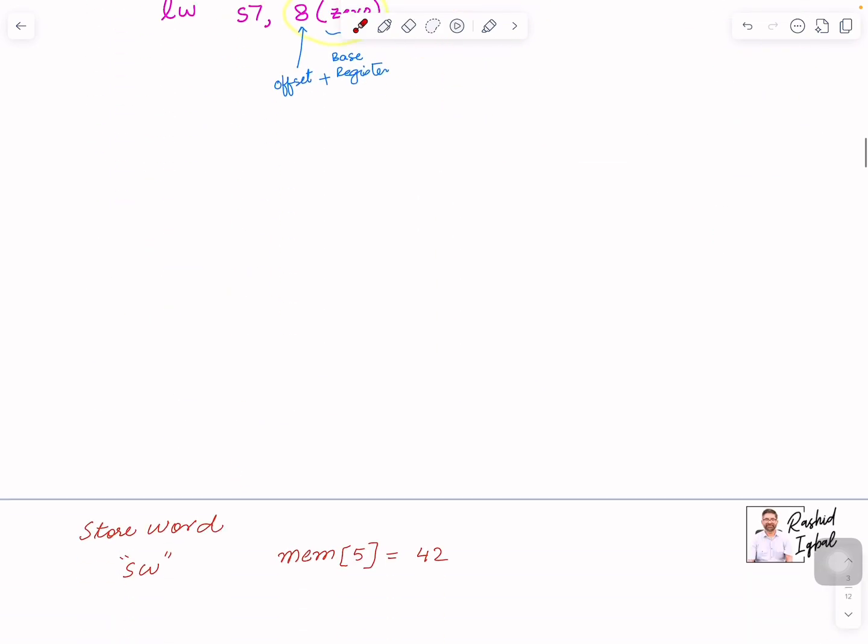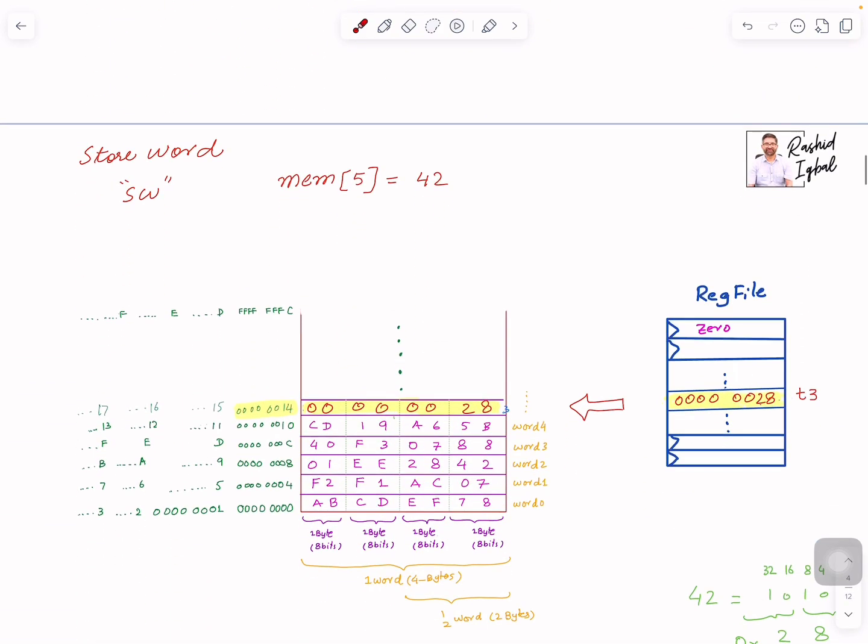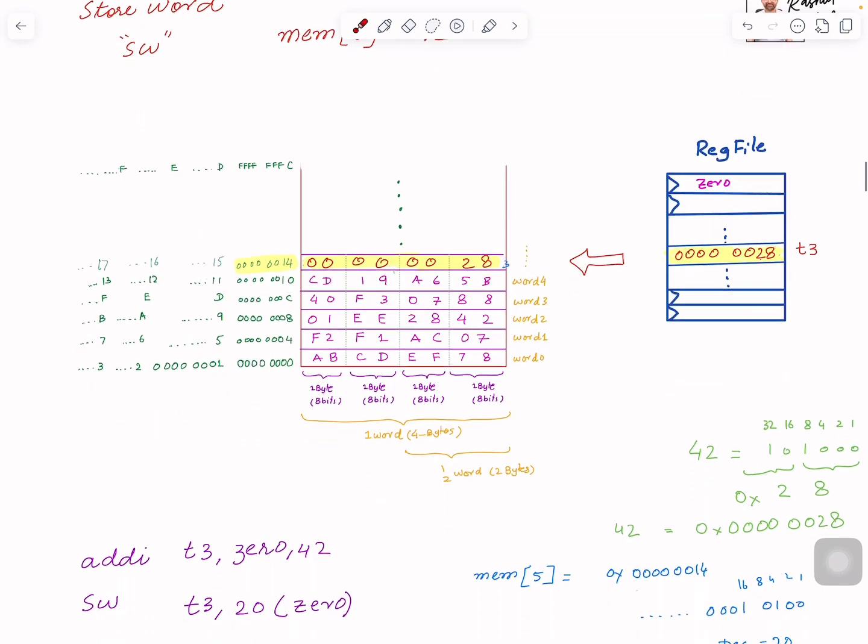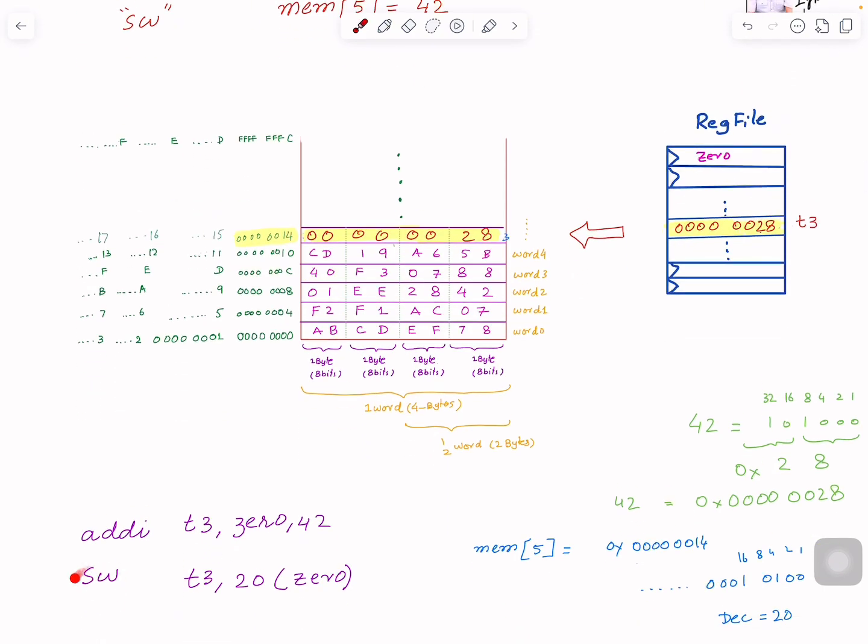That is straightforward, right? So the opposite of that: now we have data inside a register, and we want to store it in a particular location of the memory. As you know, store word is the instruction for that. So we want to store at this location. This is decimal, so don't confuse this 20 with the 14.